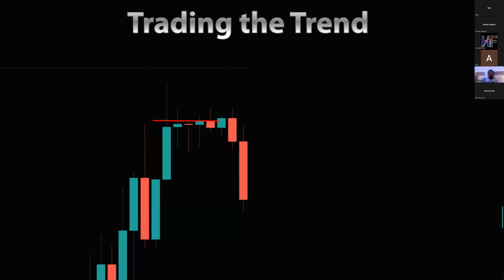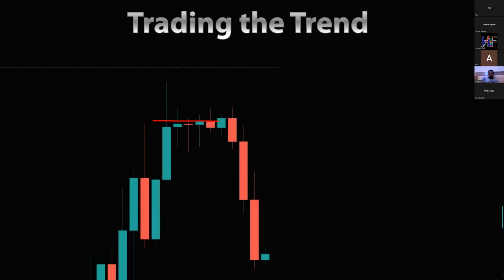So this is still an uptrend. If a bullish candle closes on 30 minutes or 1 hour, the range will be good enough to take a buy. I'm waiting because my bias is buy, right?